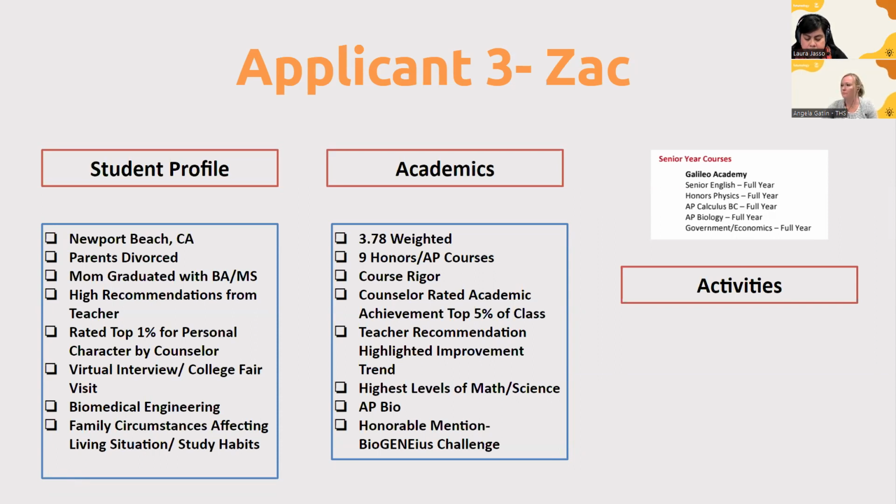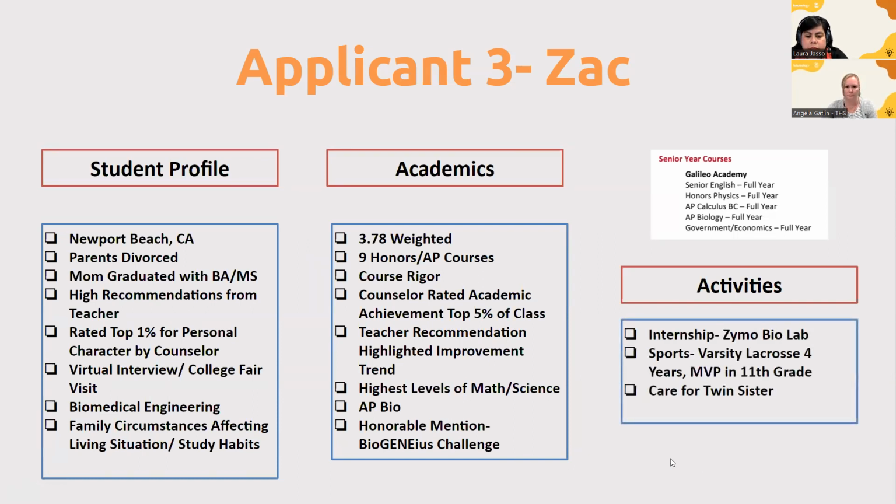And in line with his intended major of study, he's taking AP Bio this year, and he's also received an honorable mention in a BioGenius challenge that he's done as a part of his extracurricular activities. The additional information section about him being a caregiver to his sister also helps to support and explain why he doesn't have many activities.